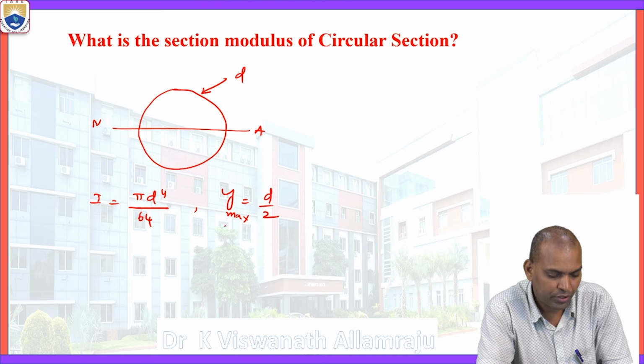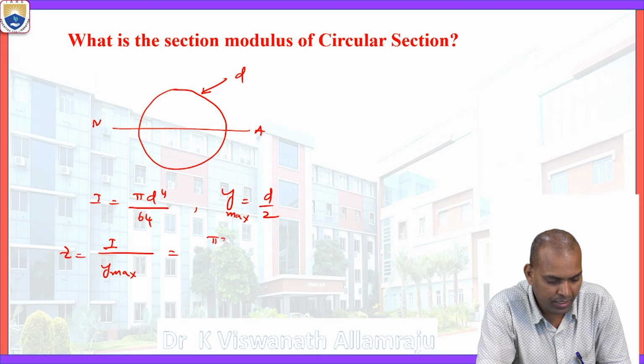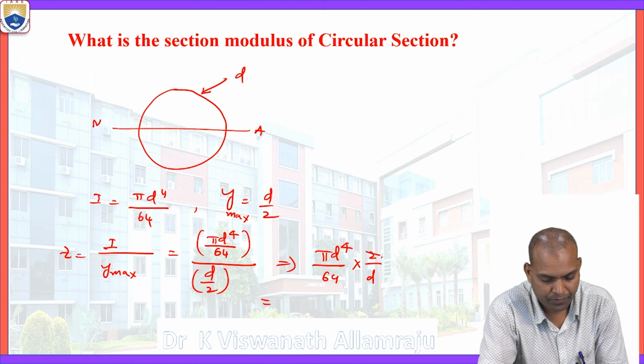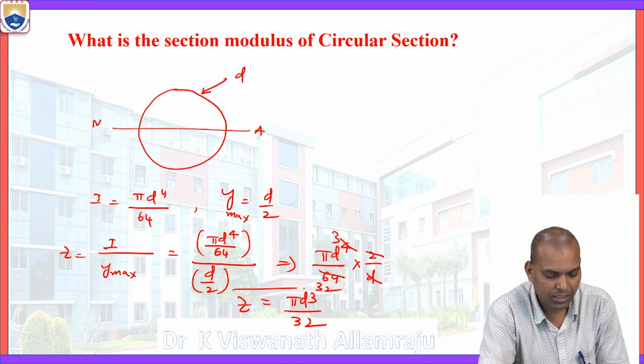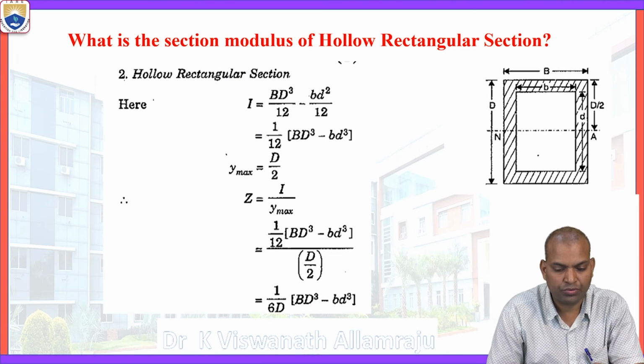Then we substitute in the section modulus I by y maximum, where I equal to pi d power 4 by 64 and y equal to d by 2. After calculation, pi d power 4 by 64 divided by d by 2 becomes pi d cube by 32. This is the section modulus for a circular cross section, pi d cube by 32.